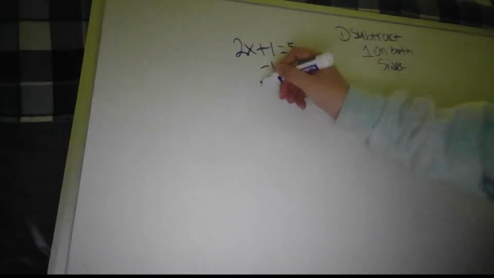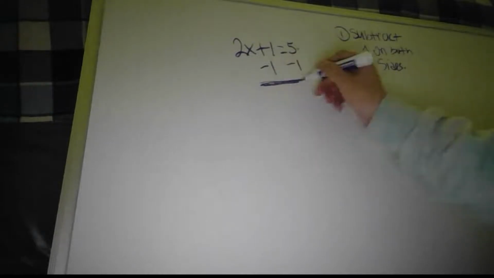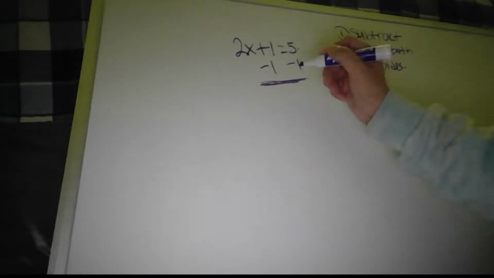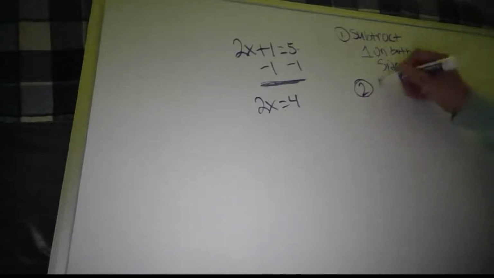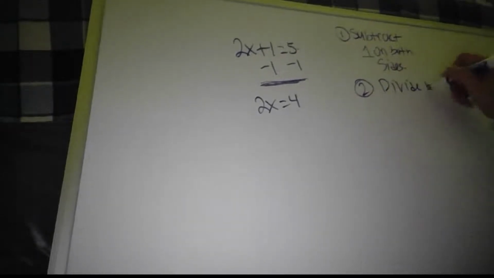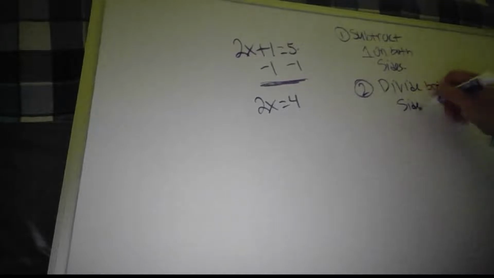So, subtract 1 on both sides, right? And then you have 2x equals 4. Your number 2 is going to be divide both sides by 2.